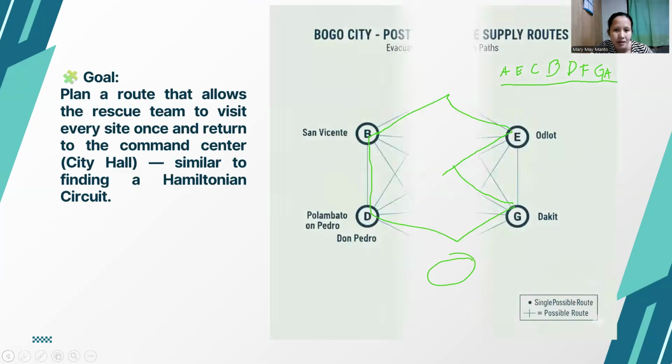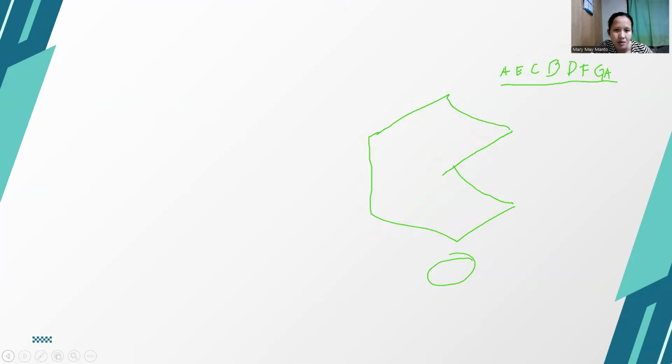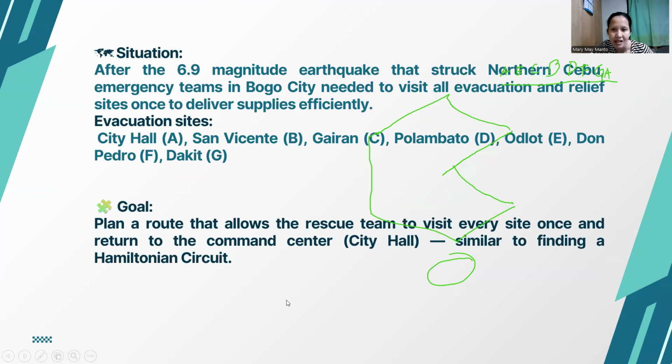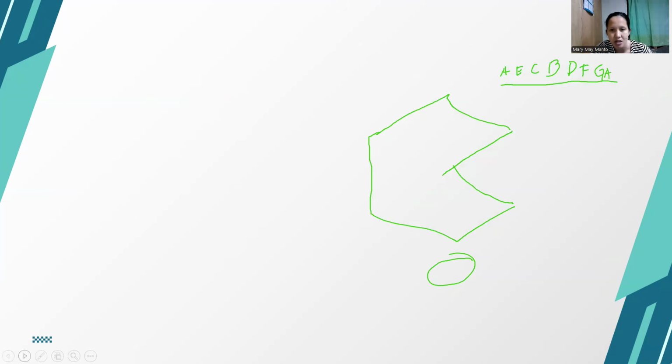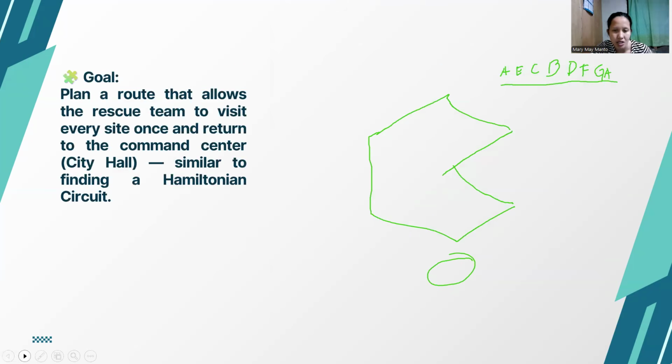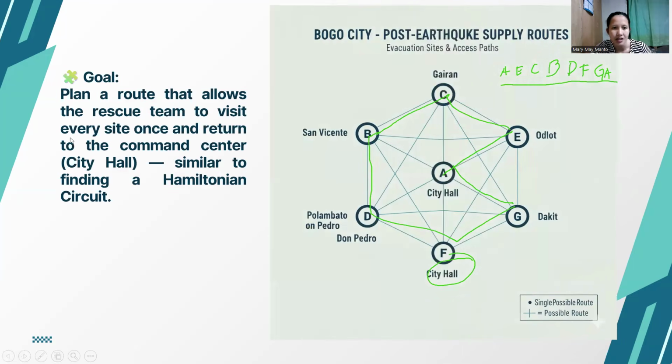What happened? Okay. Letter F is Don Pedro. Letter F is Don Pedro. Okay?